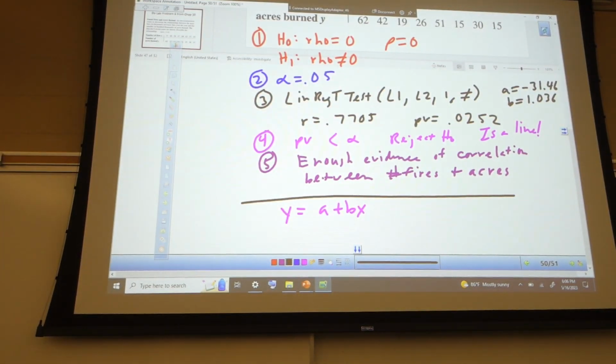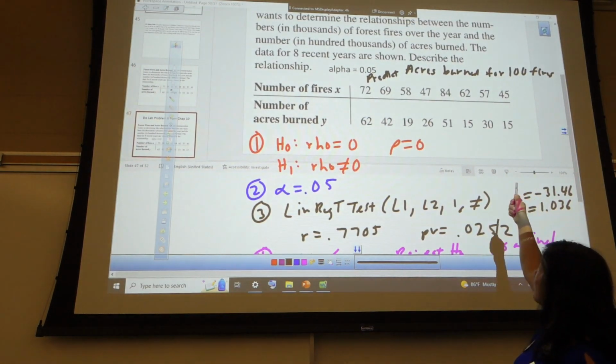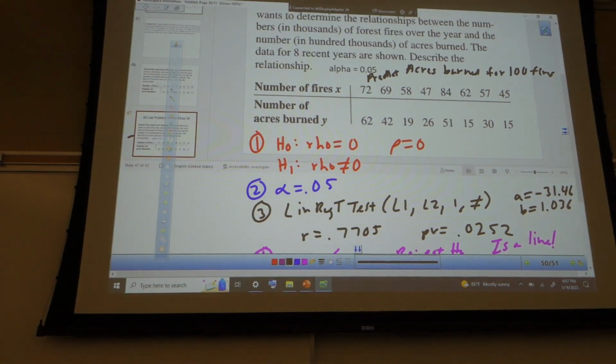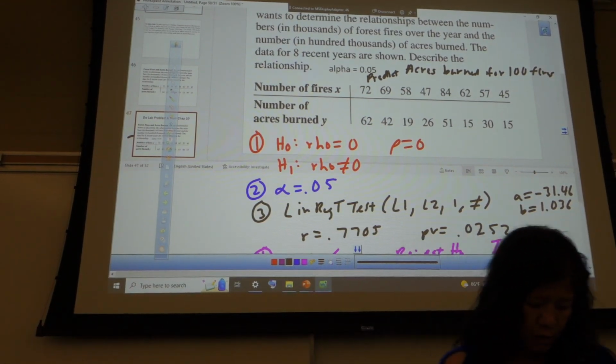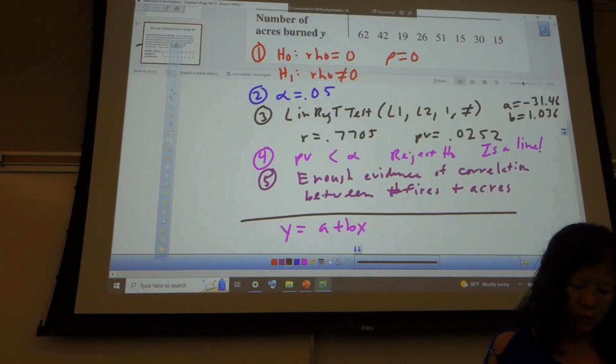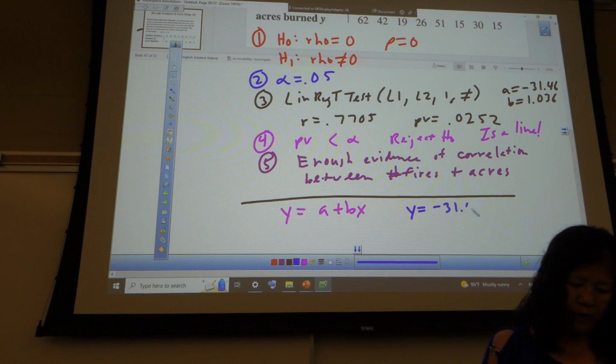The second question I should ask you is, 100 fires. Is 100 fires my x or my y? My x. So you'll use 100 for x and figure out what the y is. Okay. So we said our a is negative 31.46, so our formula becomes y equals negative 31.46 plus 1.036 times x.